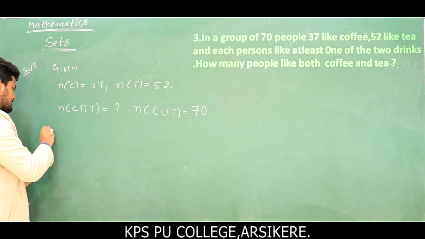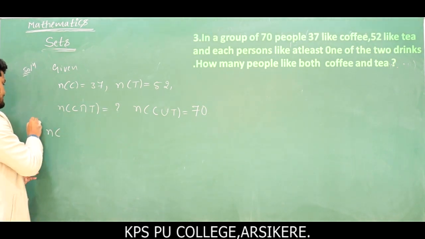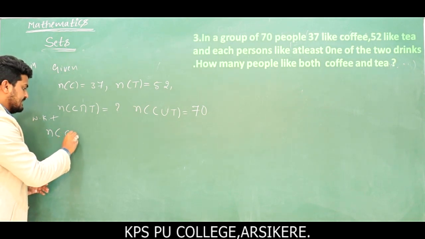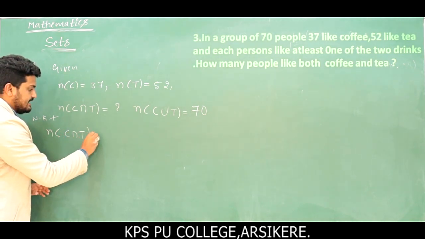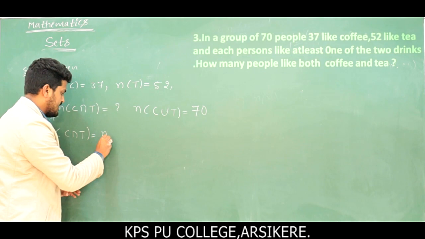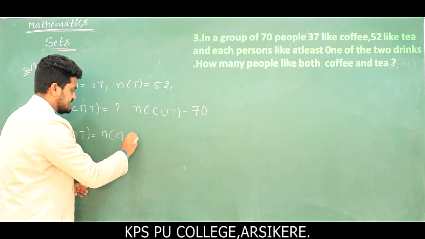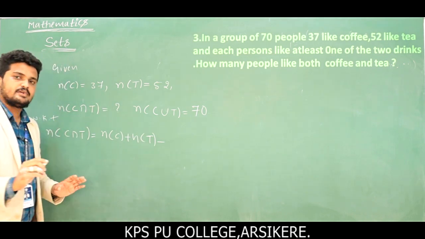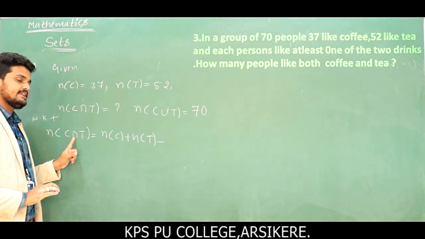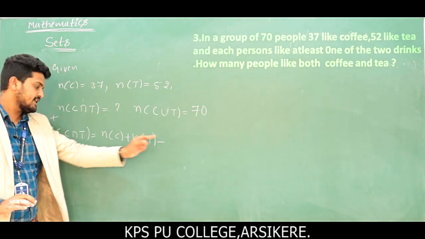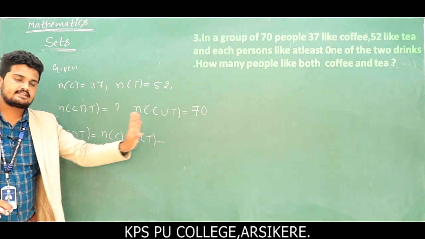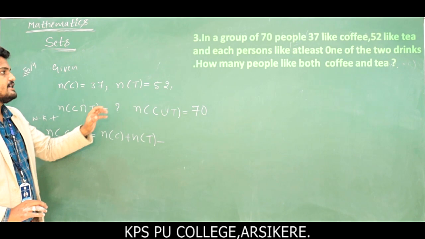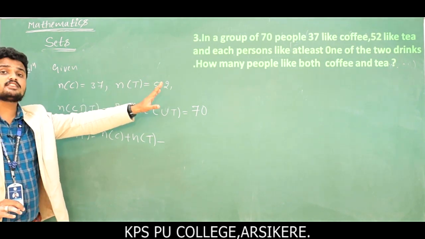So by using the formula, we know that n of C intersection T can be written as n of C plus n of T minus. See, remembering the formula is very easy. If there is intersection on one side, union comes on the other side, and if union is there, intersection comes. But we have to find the value of C intersection T. So how many people like both coffee and tea?